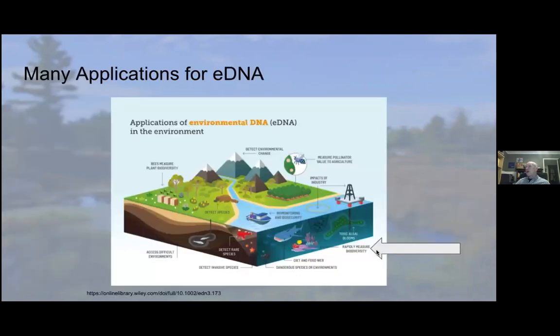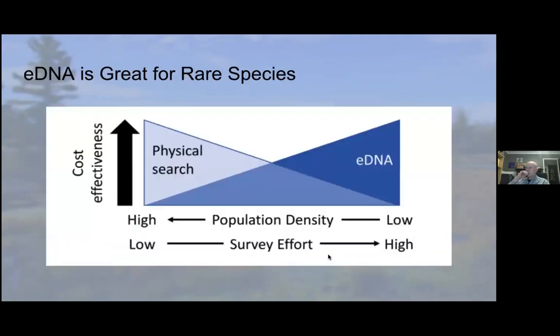There are lots of applications for environmental DNA, including looking for specific species. But in our case, we're just looking to rapidly measure biodiversity. So we took a very specific approach to using eDNA, and there are lots of different methods. It is really good for rare species. I mentioned at the beginning of the presentation, how do we find those species that we can't see or hear or easily observe?